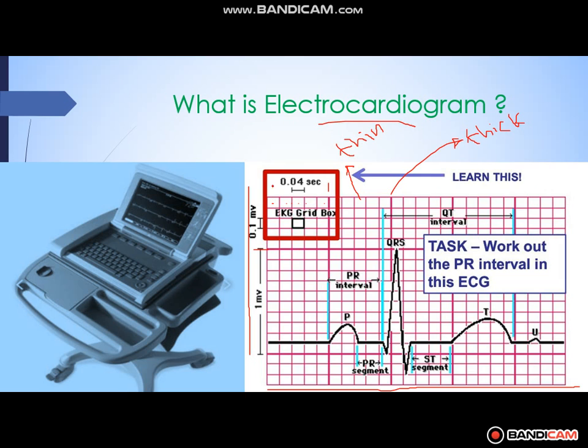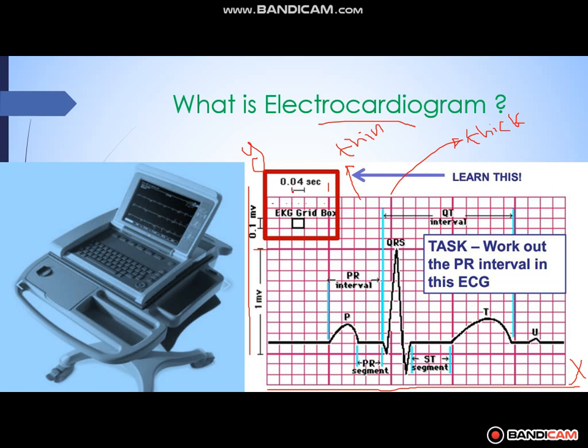And don't forget that this is the y-axis, you can say the vertical axis, and this is the horizontal axis, or x-axis. The y-axis is for voltage. So in a vertical way this paper shows the voltage, and in the horizontal way, or the x-axis, this paper shows the time.